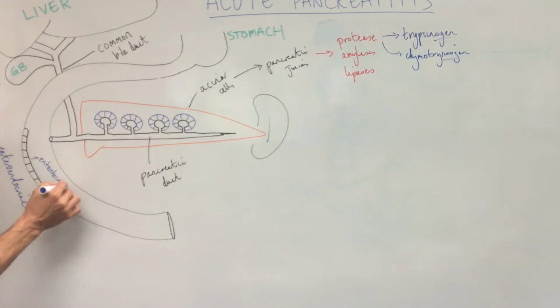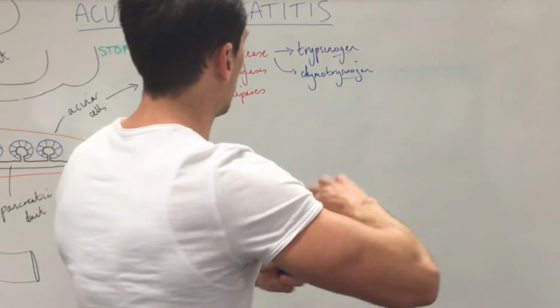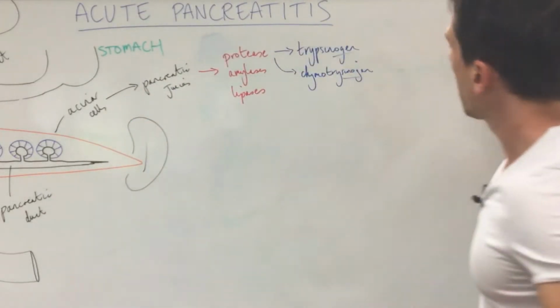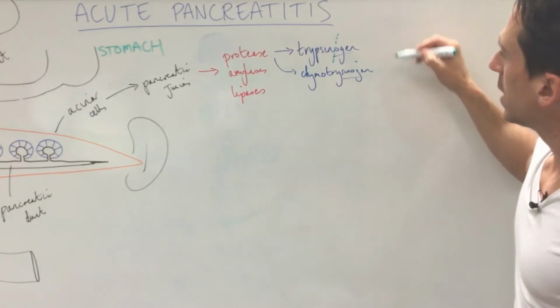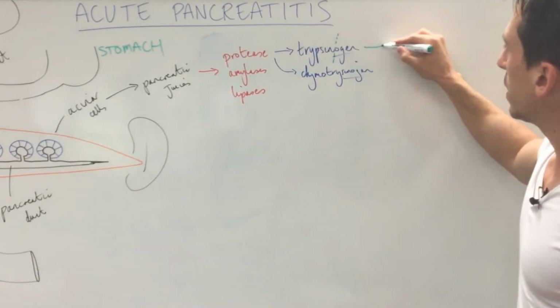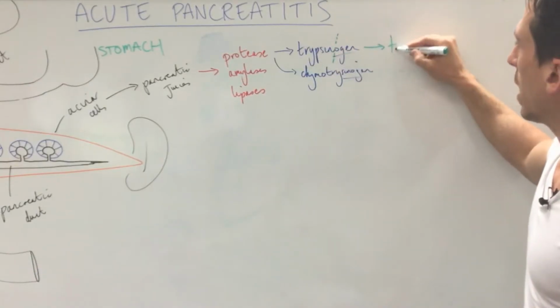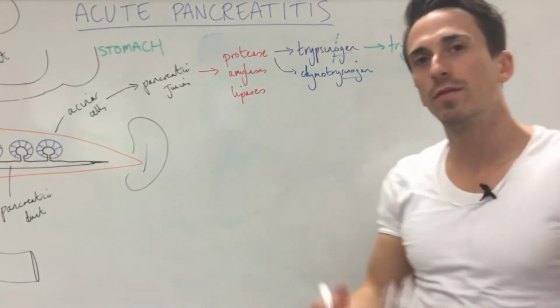And what enterokinase does is it comes along and chops off the OGEN of trypsinogen, and now what we have is trypsin. Trypsin is now the active form of this protease.